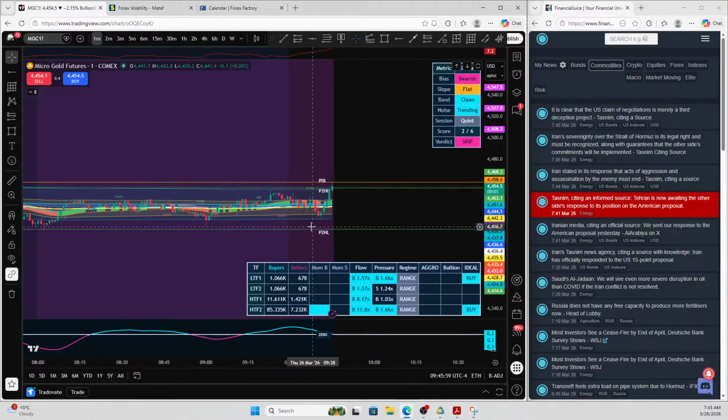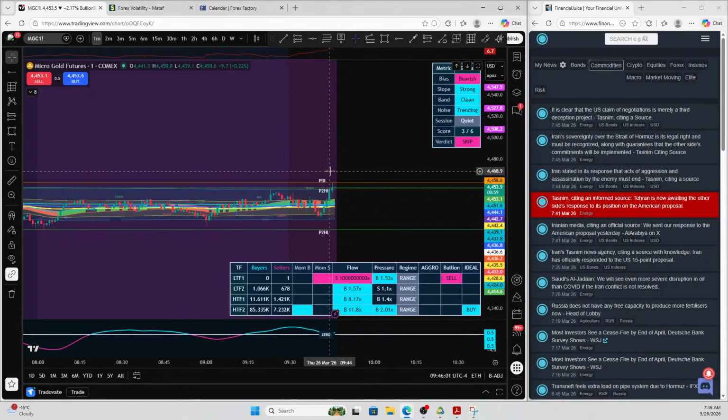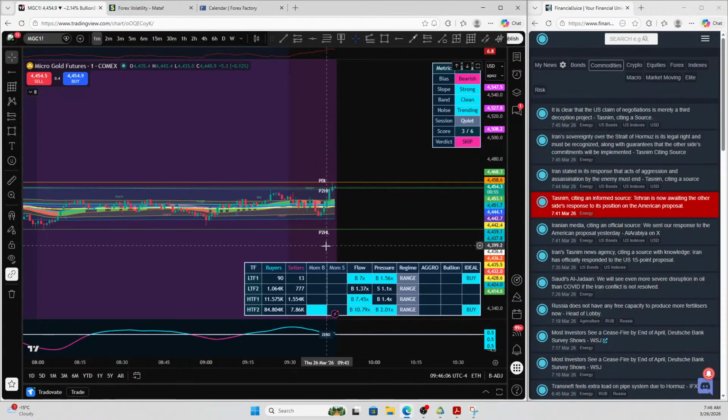Remember, we're going inside the range. I want price to go down, below the previous 2-hour low.